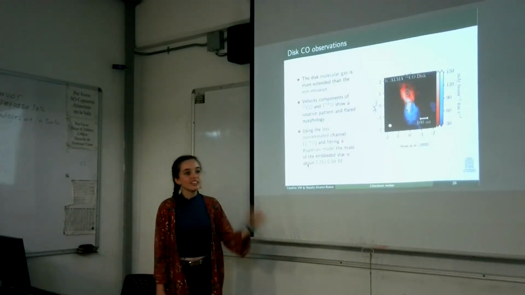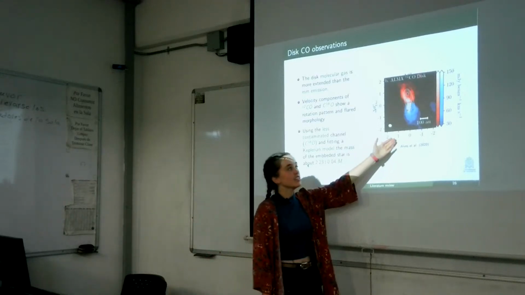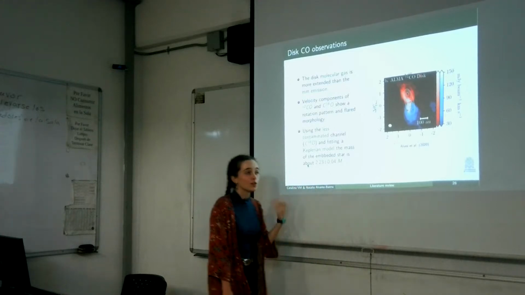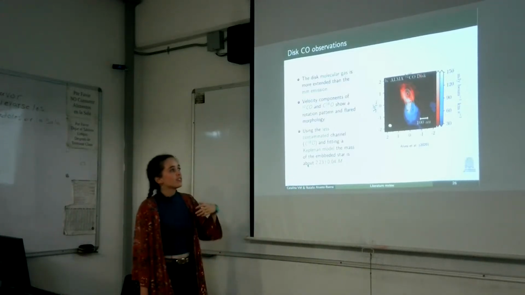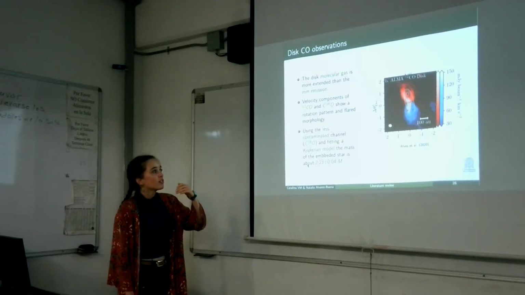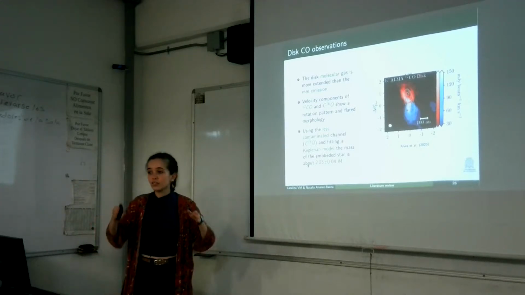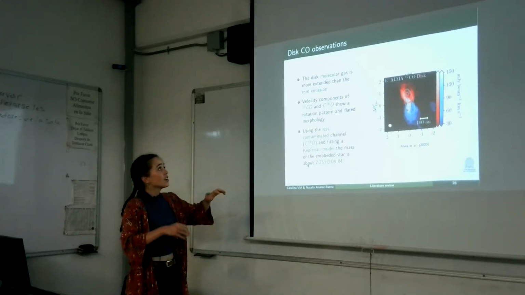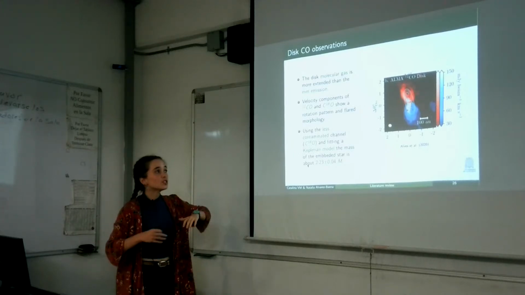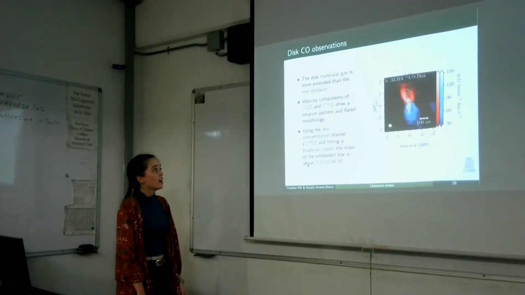Now, for the disk CO observations, as you can see, it's pretty similar to the image I showed you before. This is just the CO map, and you can see a flared morphology of the disk, and this emission is more extended than the one we saw before.